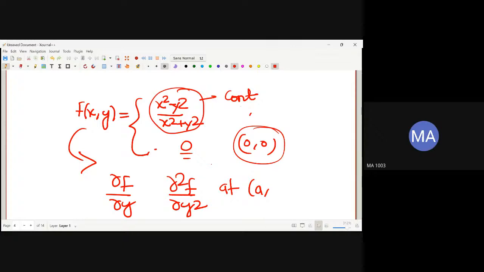The only problematic part is the origin, so for this part you have to check separately.